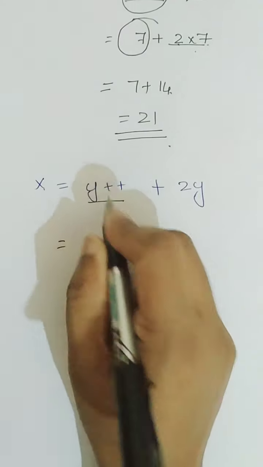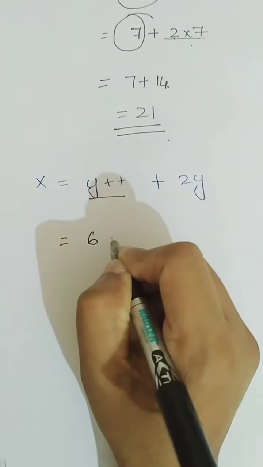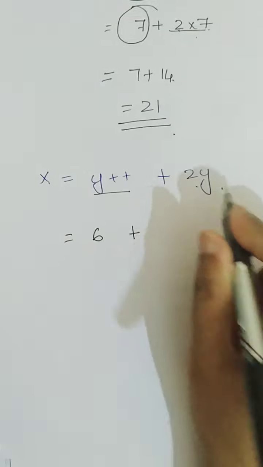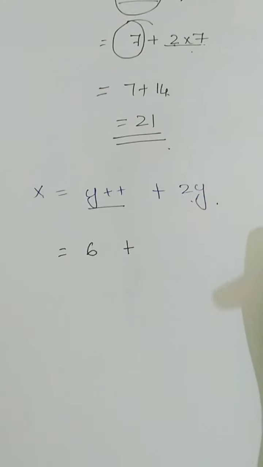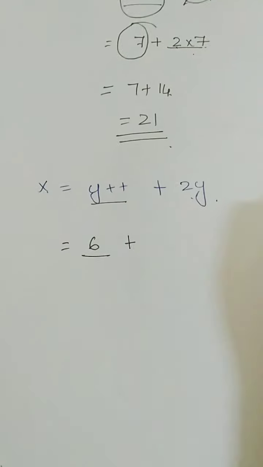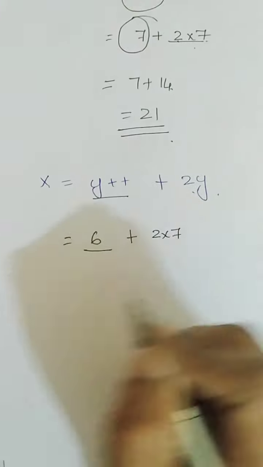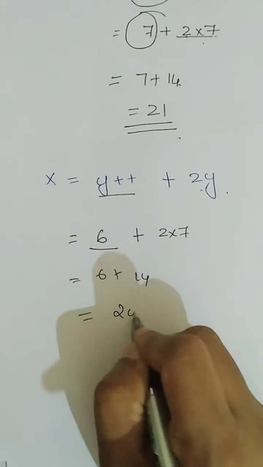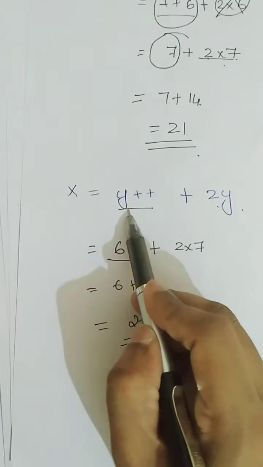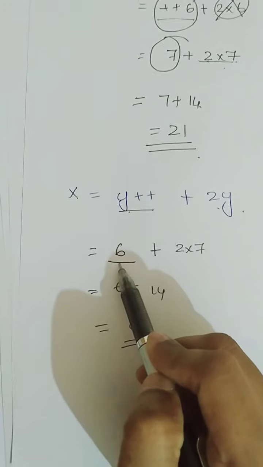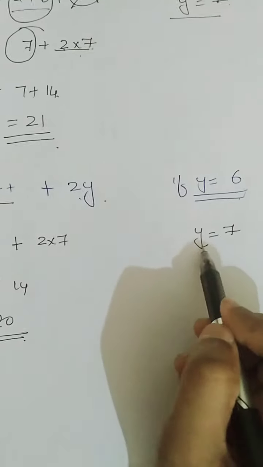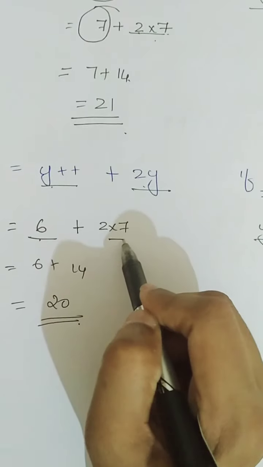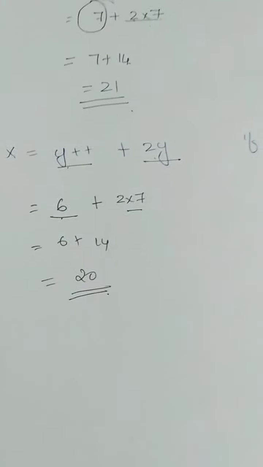So first we will have 6 only because it is not changing its value yet, plus use and change means after this expression y's value becomes 7. So 2 into 7. So 6 plus 14 is equal to 20. Here it will use the variable and then only make changes, then y becomes 7 and so after this it becomes 7. Okay.